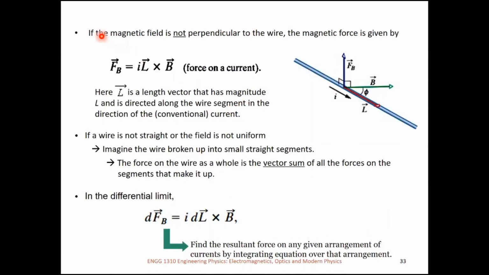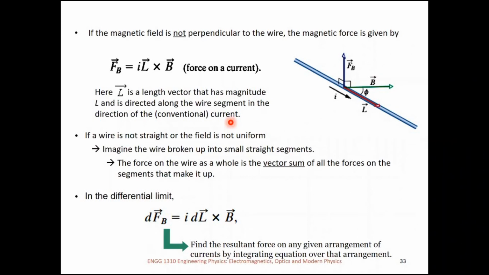Here, if the magnetic field is not perpendicular to the wire, the magnetic force is just given by IL cross product with B. Here L is the length vector, which has the magnitude of L but is directed along the wire segment in the direction of the current.